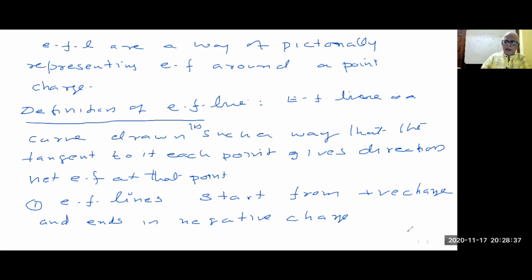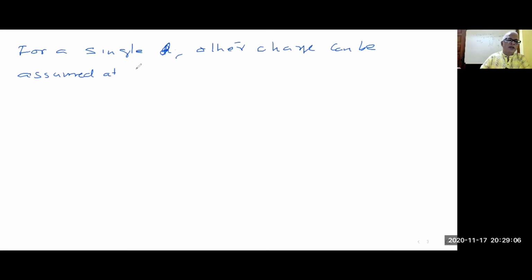For a single charge, the other charge can be assumed at infinity.